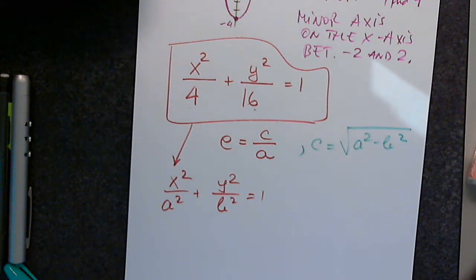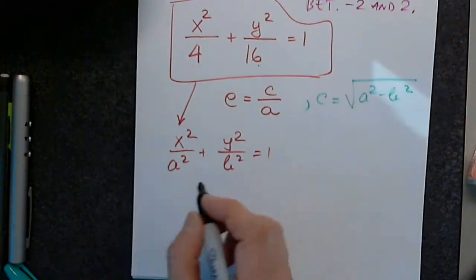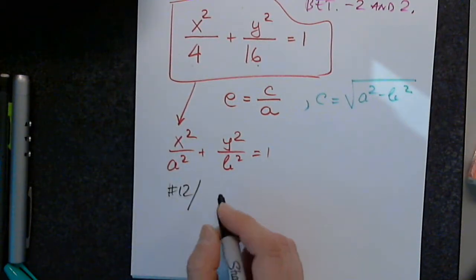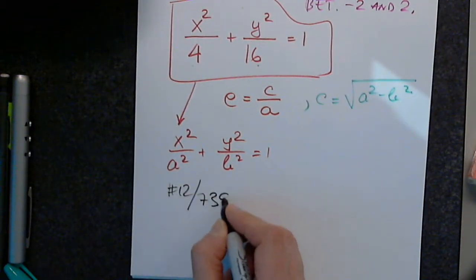It's not any problem. Okay, on page 739, let's practice the ellipse. I like to start with problem 12, and then you choose the next one. 12 on 739.